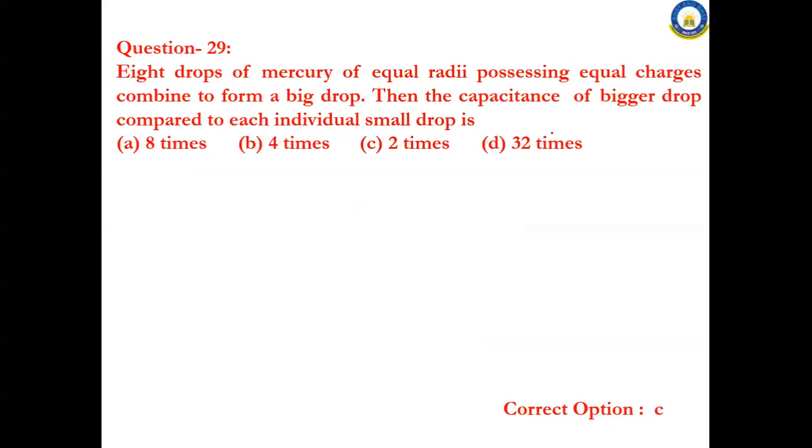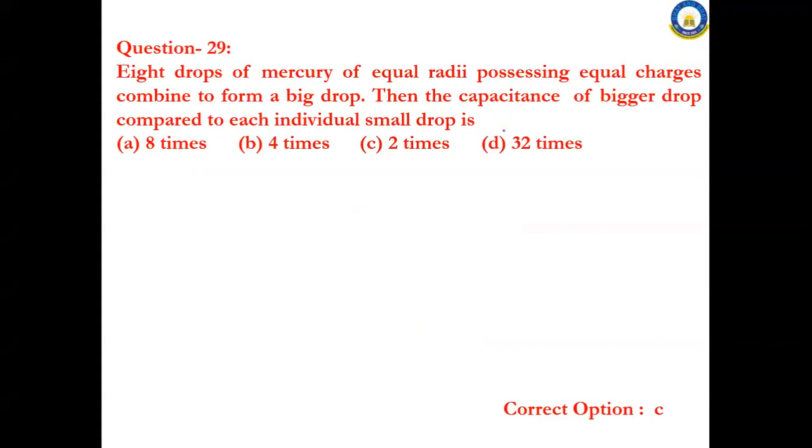8 drops of mercury of equal radii possessing equal charges combine to form a big drop. Then the capacitance of the bigger drop compared to each individual small drop?